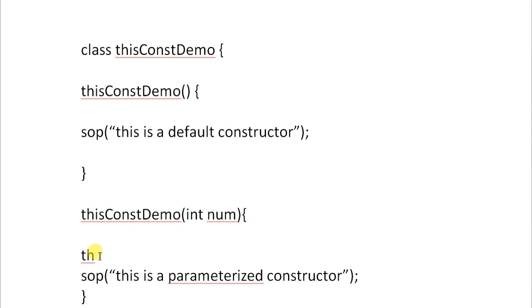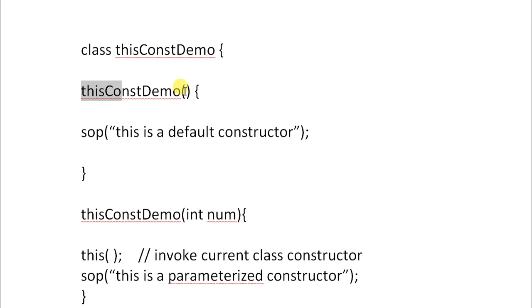So how can we do this? This, bracket, semicolon. What if I write this bracket semicolon? It will invoke the current class constructor. So what is our current class constructor now? This const demo, which will print: this is a default constructor. I hope it is clear.